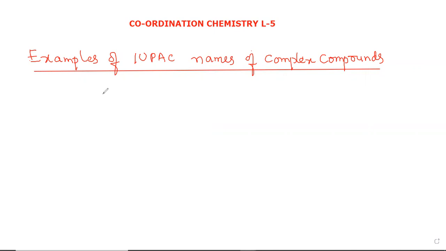The one is, if they give the formula of the compound, the formula will be converted into a name. That means taking the formula, we will try to write the IUPAC name of the complex compound. That is the first exercise.